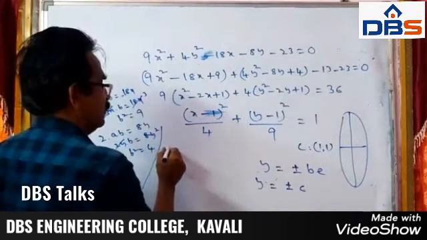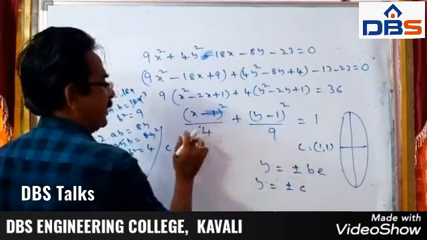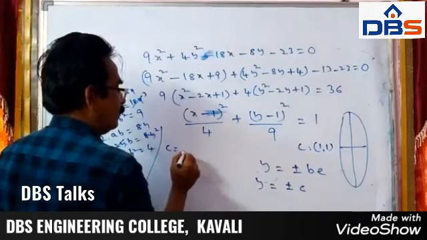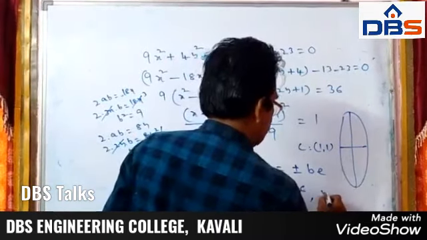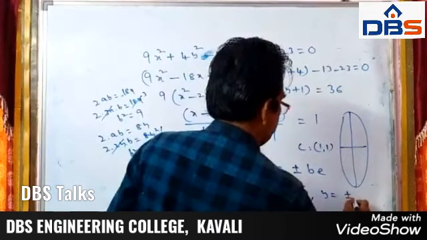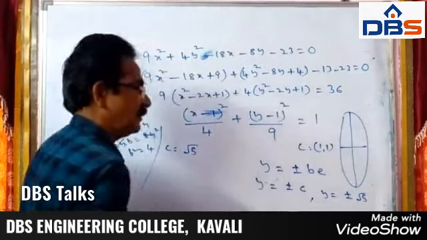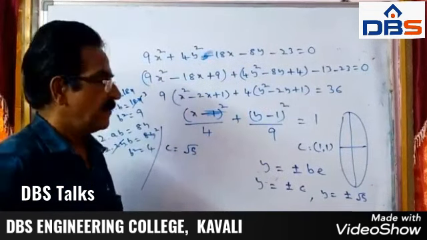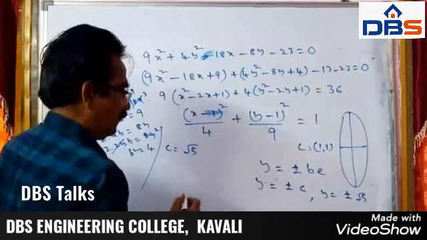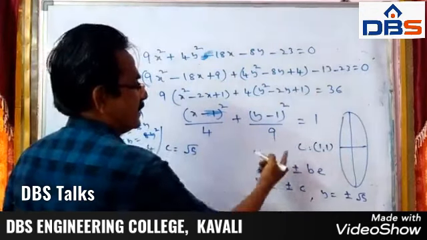Where c is equal to root of a square minus b square. 9 minus 4, 5, root 5. c is equal to root 5. So y is equal to plus or minus root 5. We have to add the center.